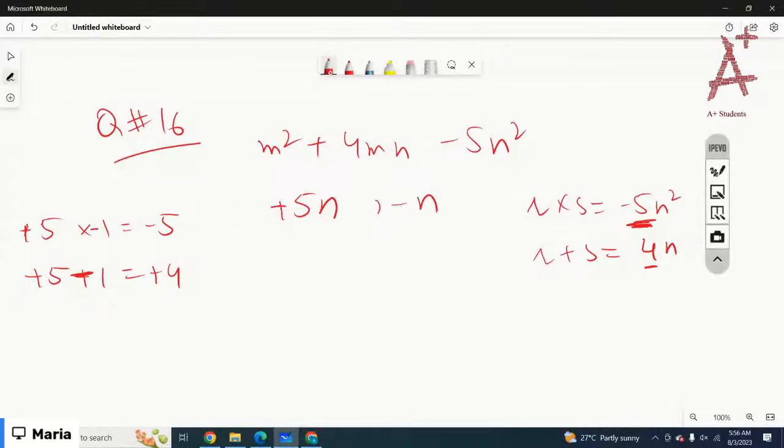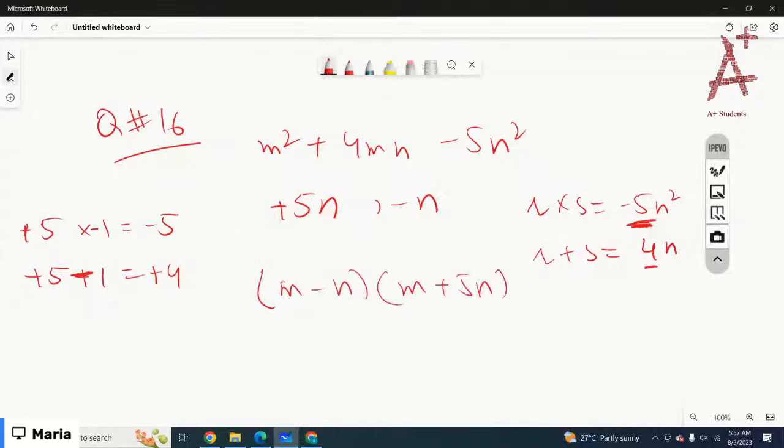The factors are right because you have n and n square here. So it is m, just not m square. It is m minus n and m plus 5.